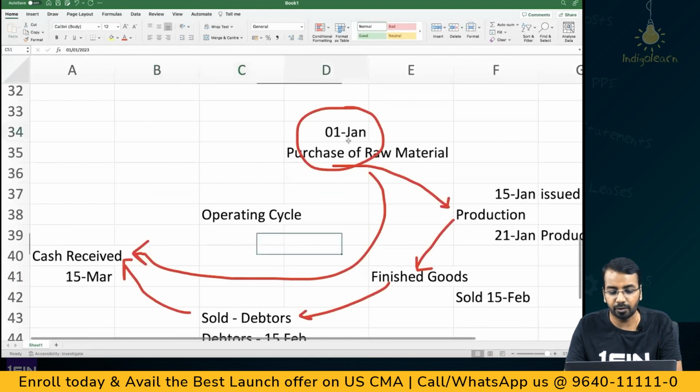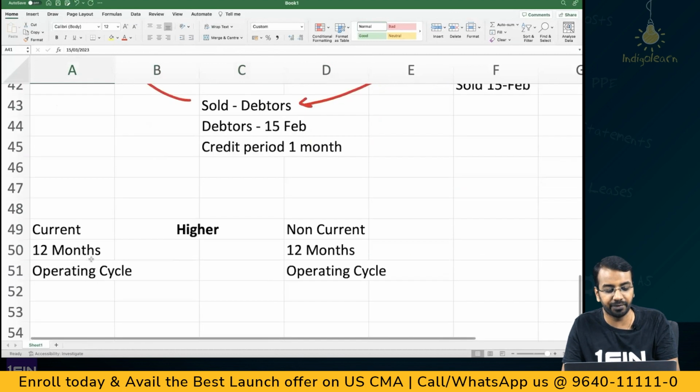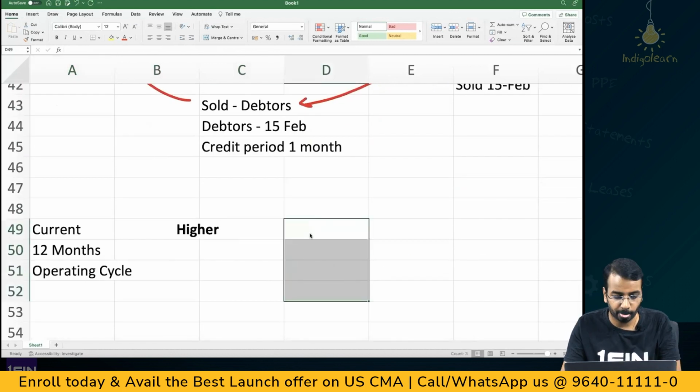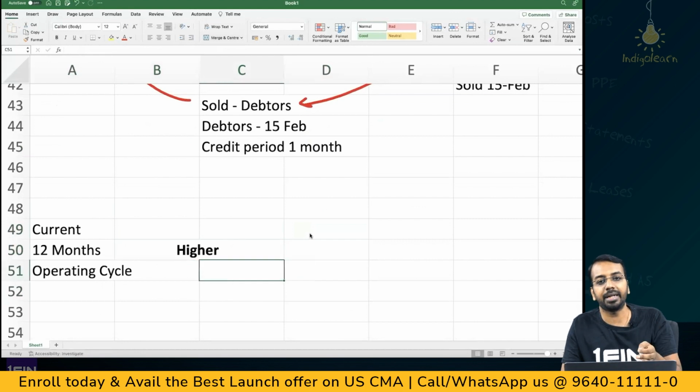Now, in this case, from 1st of January till 15th of March, it is less than 12 months. So what will we take? We will take the 12 months period. 12 months or operating cycle, whichever is higher, that is what we consider.